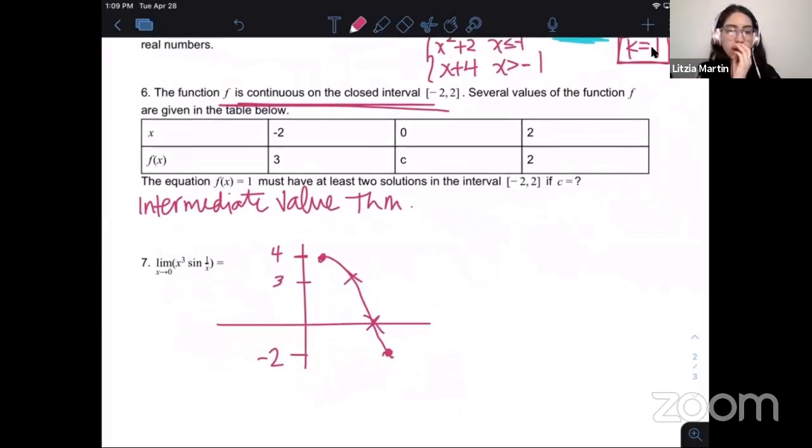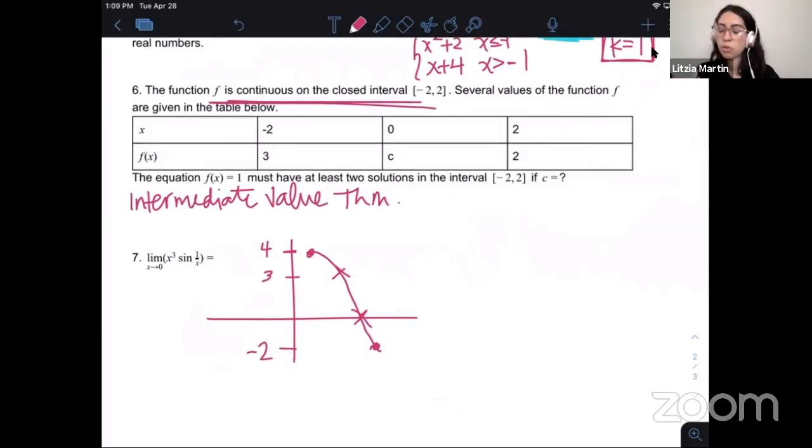So that's what our intermediate value theorem does, it proves that there's something within an interval. What we're trying to prove here within the interval from -2 to 2 is that the equation f of x equal to 1, or in other words y equal to 1, has at least 2 solutions in the interval. So it crosses the line at least twice, depending on this c value.